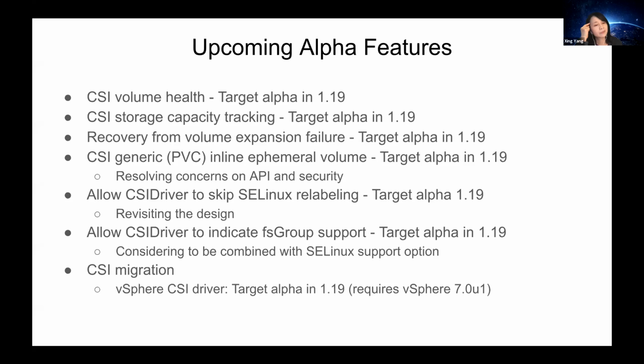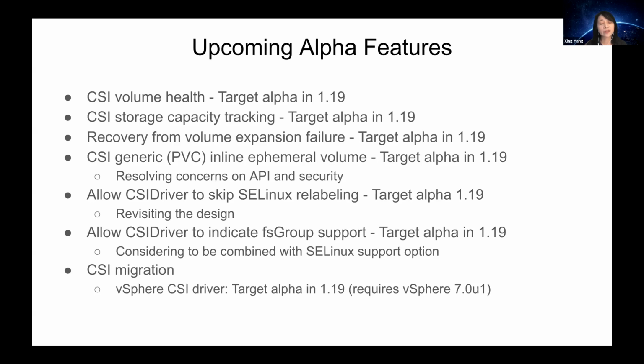It basically allows users to recover from volume expansion failure caused by insufficient quota. Without this fix, if you try to expand the volume and it fails because there's not enough quota, then there's no way to recover from it. So this actually allows you to do that.